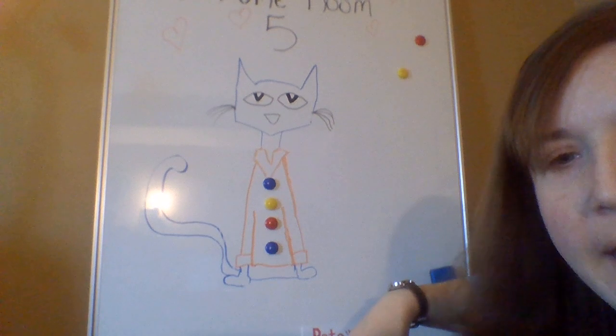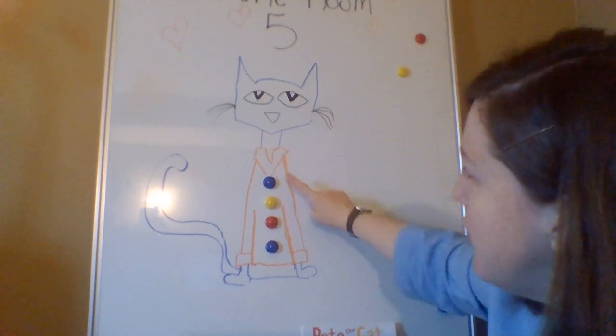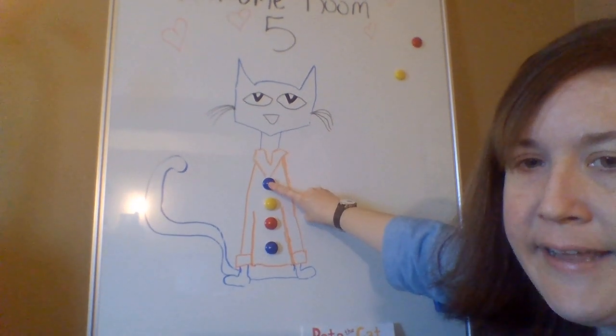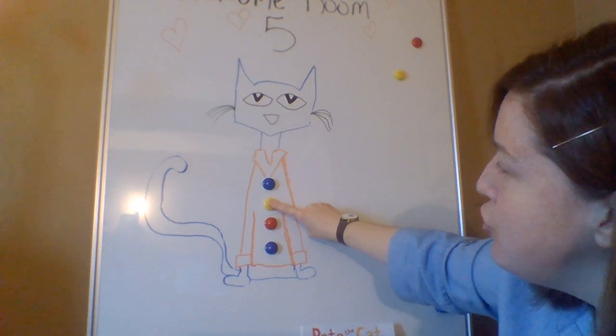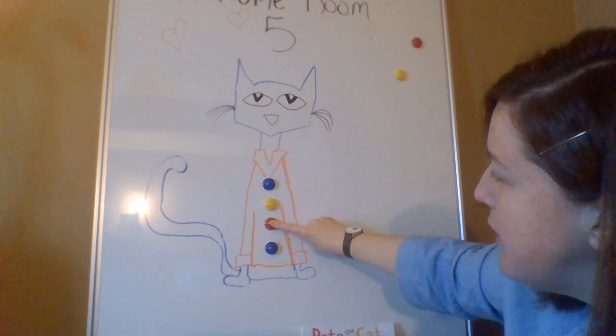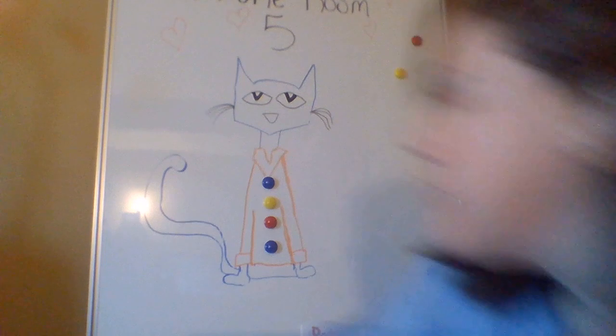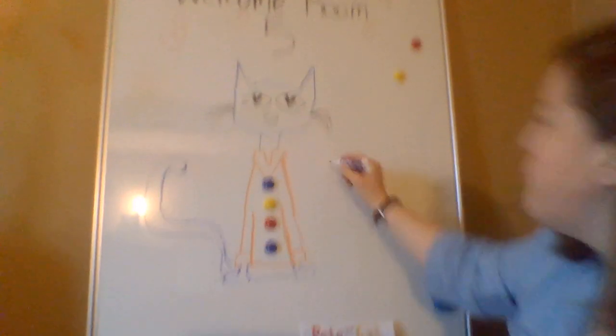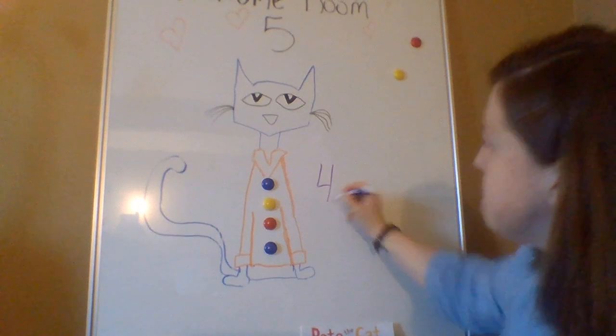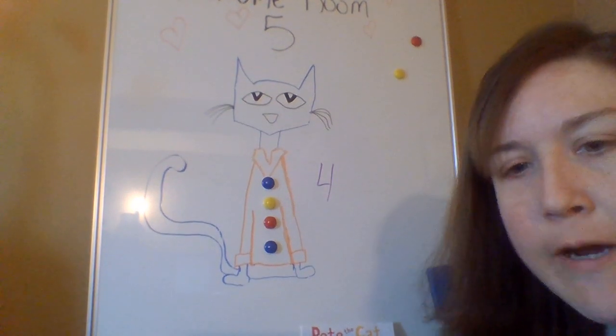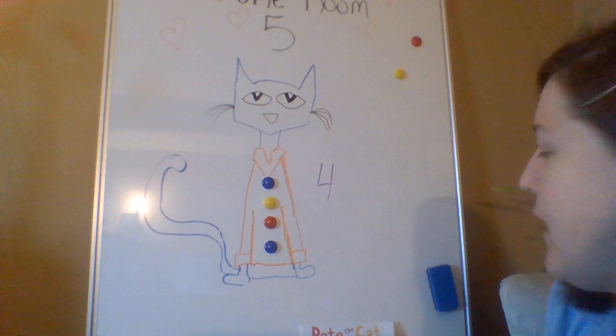And how many buttons does he have? 1, 2, 3, 4. 4 buttons. That's the number 4. All right, here we go.